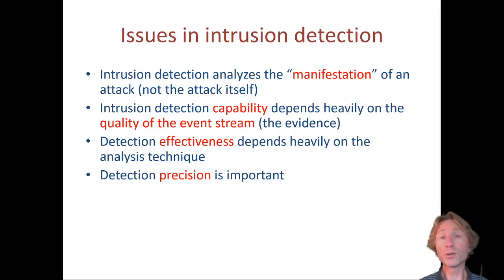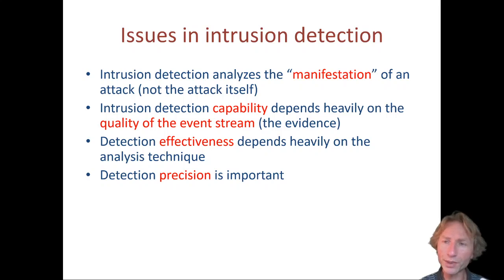Some issues in intrusion detection. First of all, an intrusion detection system analyzes the manifestation of an attack and not necessarily the attack itself, right? You see the behavior that the attack causes. The capability of the intrusion detection and the quality of that depends heavily on the quality of the event stream.